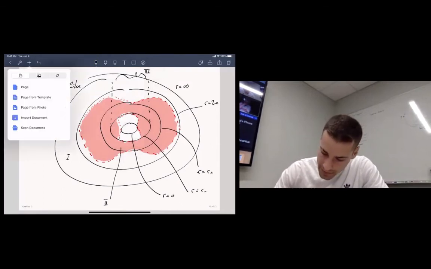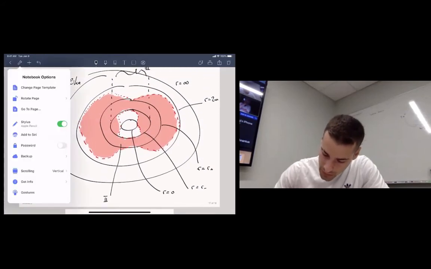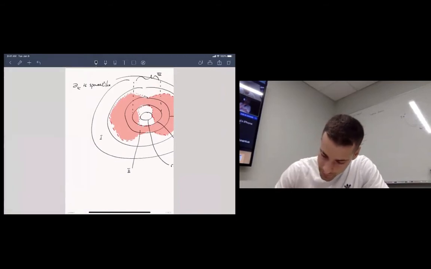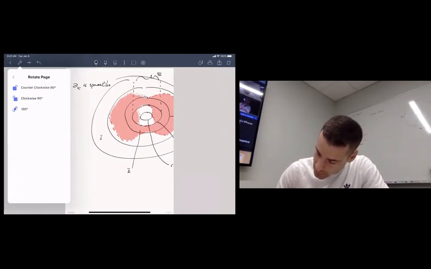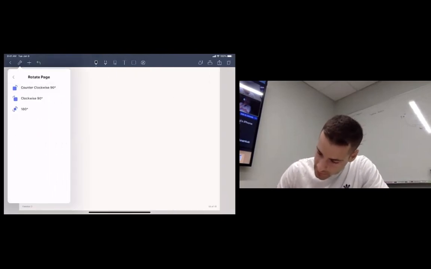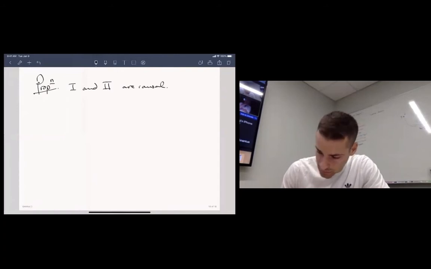Now, on the basis of this diagram, we can in fact prove, so this is a proposition, we're not going to go through the proof, it's not too hard, that regions 1 and 2 are causal. And that means there are no closed causal curves.